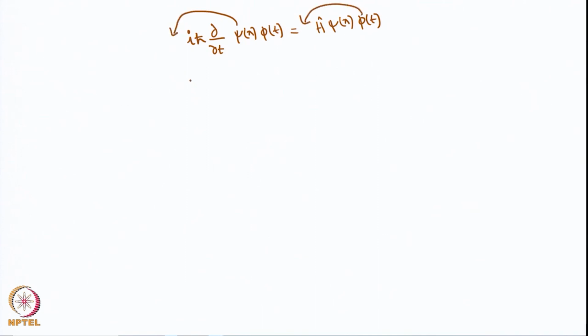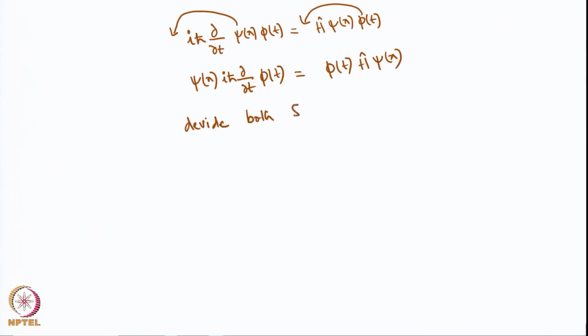So, when I do that, I can write this equation as psi of x i h bar d by dt of phi of t is equal to phi of t H psi of x. Now, what I am going to do is divide both sides by psi of x phi of t.